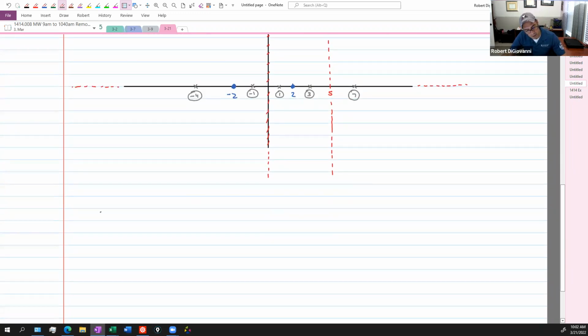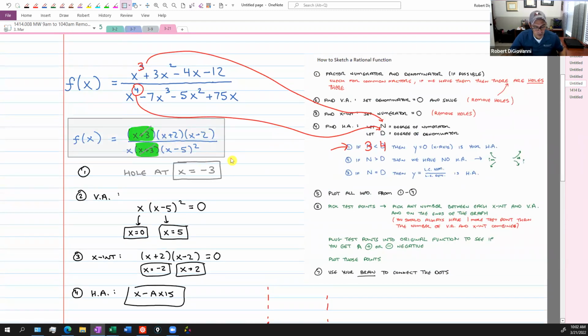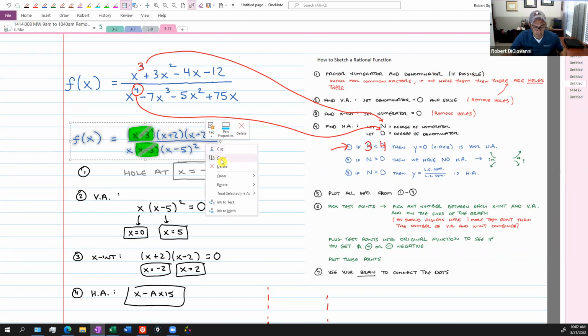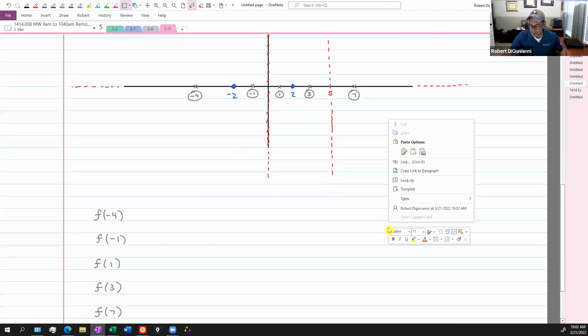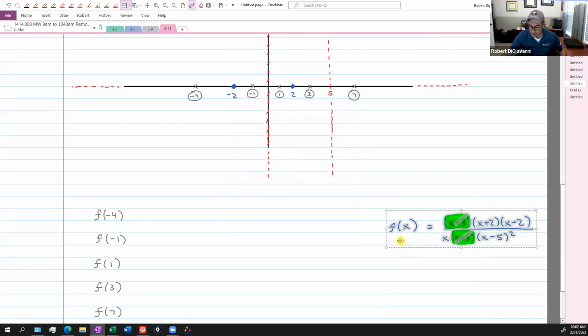And I've got to plug those into my original function, but I'm going to plug them into the factored version. And I'm even going to cancel those factors, the x plus 3. So in other words, I'm going to be looking at this version of the function right here with the x plus 3 gone.